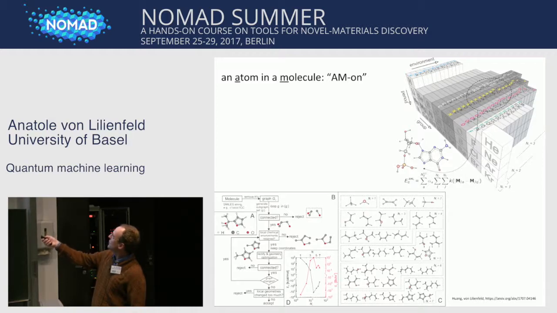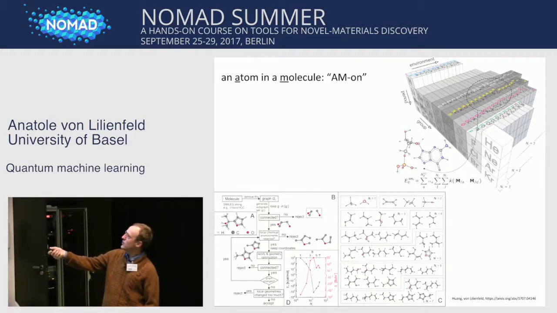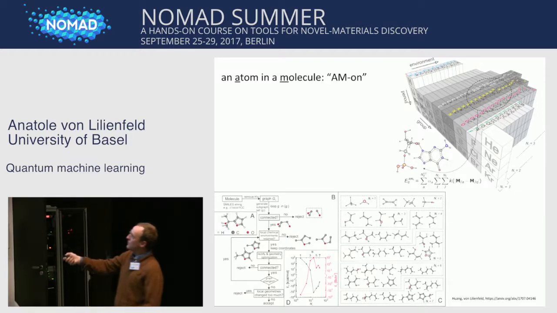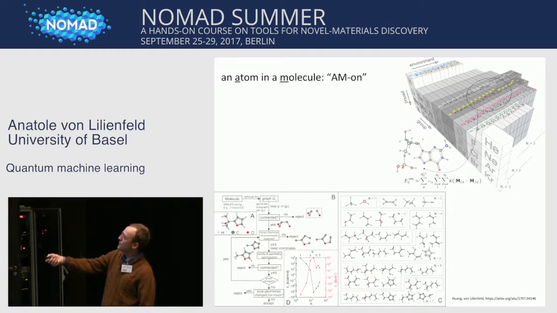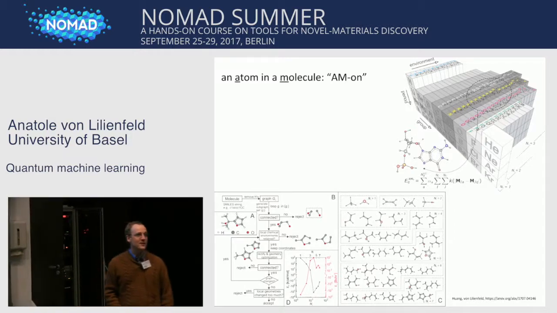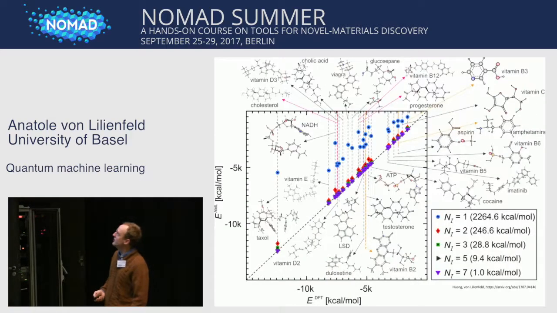So this is 1 atom, 2, 3, 4, 5, 6, 7. Then you see the error on the query prediction. This molecule has 9 atoms. You see the error shown here in black for the atomization energy. It changes sign, right? It comes down from above, then crosses 0, and then it comes up from below. What's also shown in red is a different property, the polarizability, which also approaches the target level. So this is just an illustration.